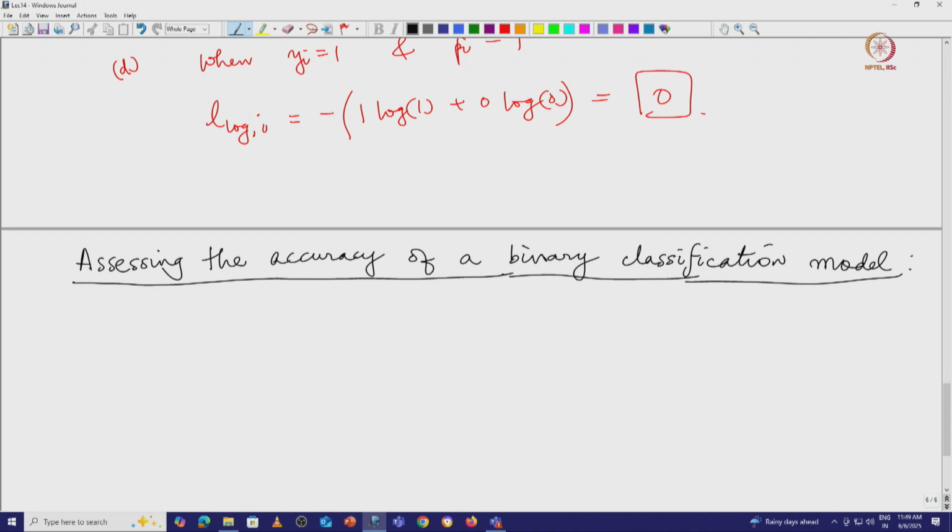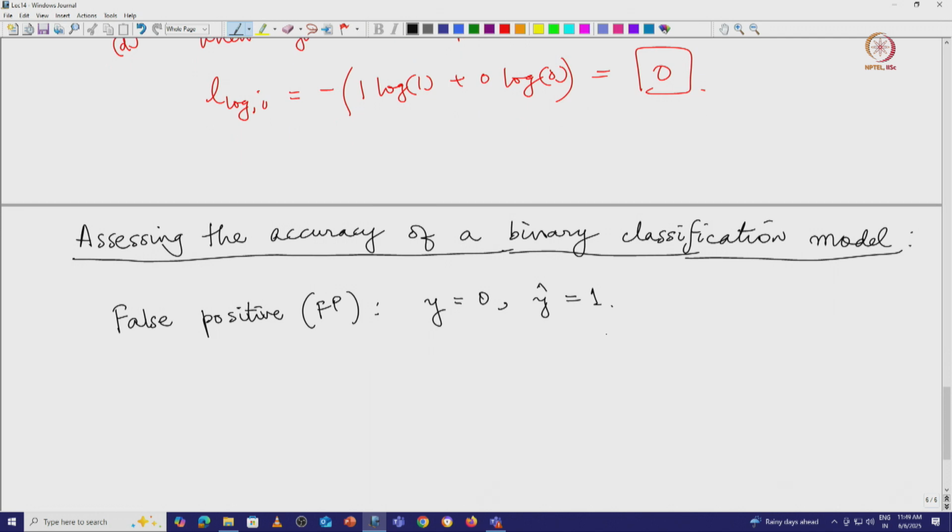However, errors can happen in mainly two scenarios. This can be a false positive, which is abbreviated as FP. In this case your y is actually 0 but your y hat is 1. So y should have been 0, that means it should have belonged to class 1, but you are predicting it to belong to class 2.